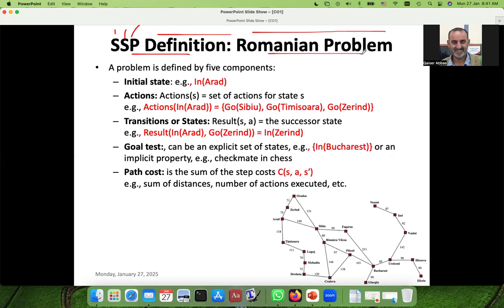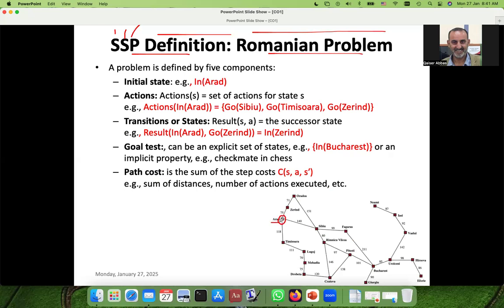What is the Romanian problem? If you read your textbook, which is given in the introductory document, there is a case study given there. This is the map of Romania, and the agent is here at the city Arad.